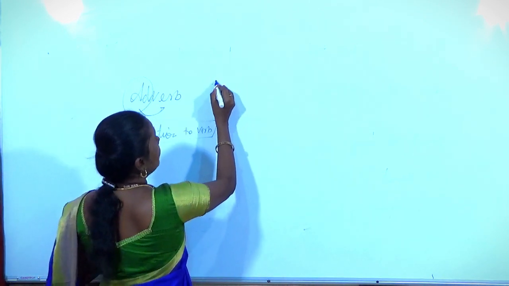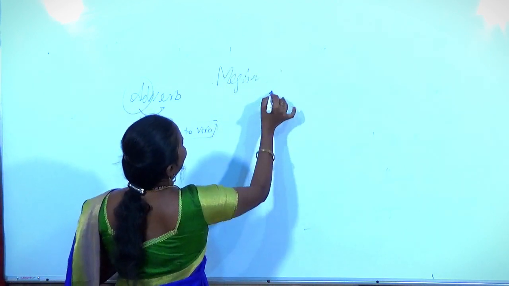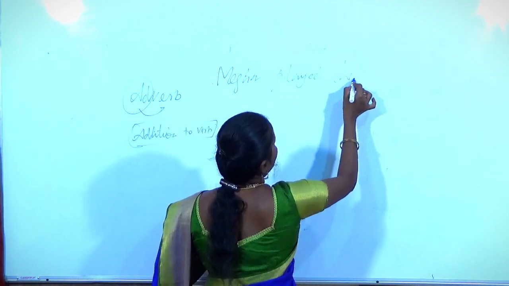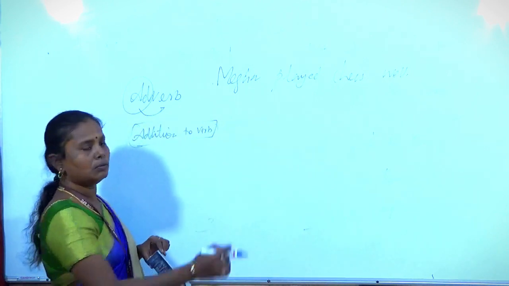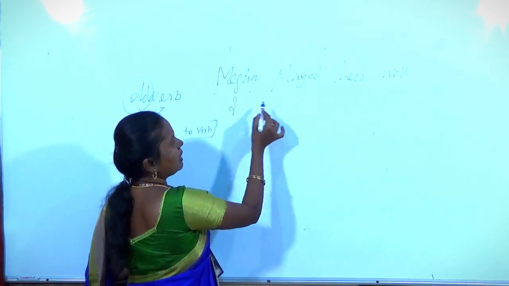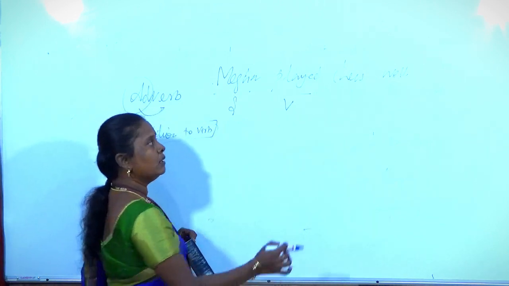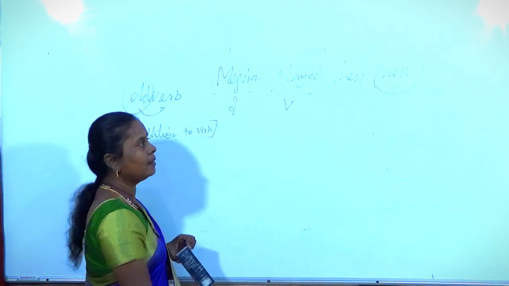For example, Megha played chess well. So Megha is the subject and played is the verb. How did Megha play? Well.